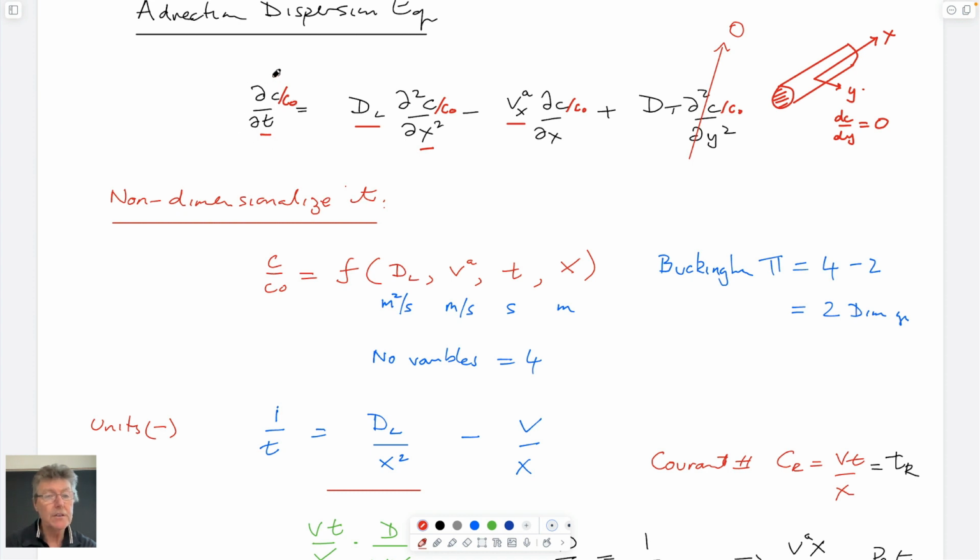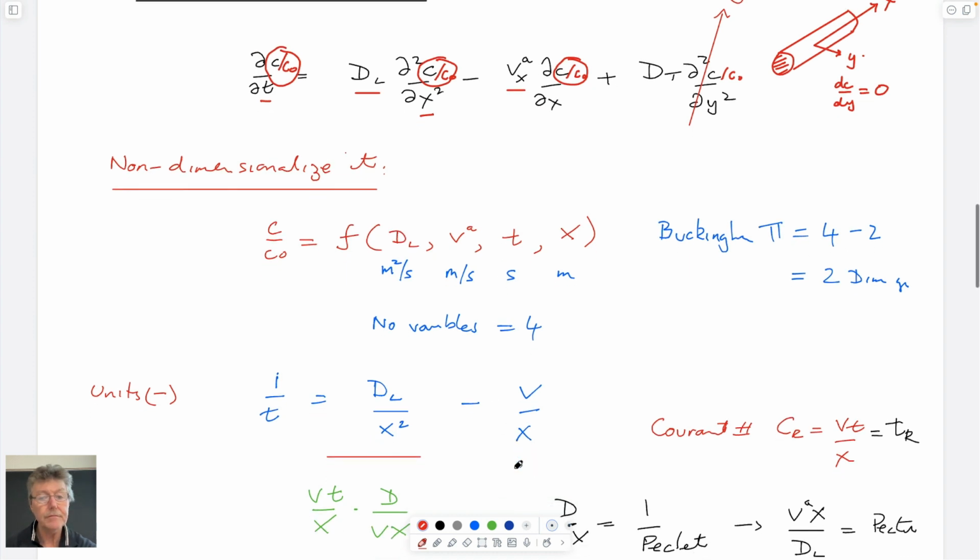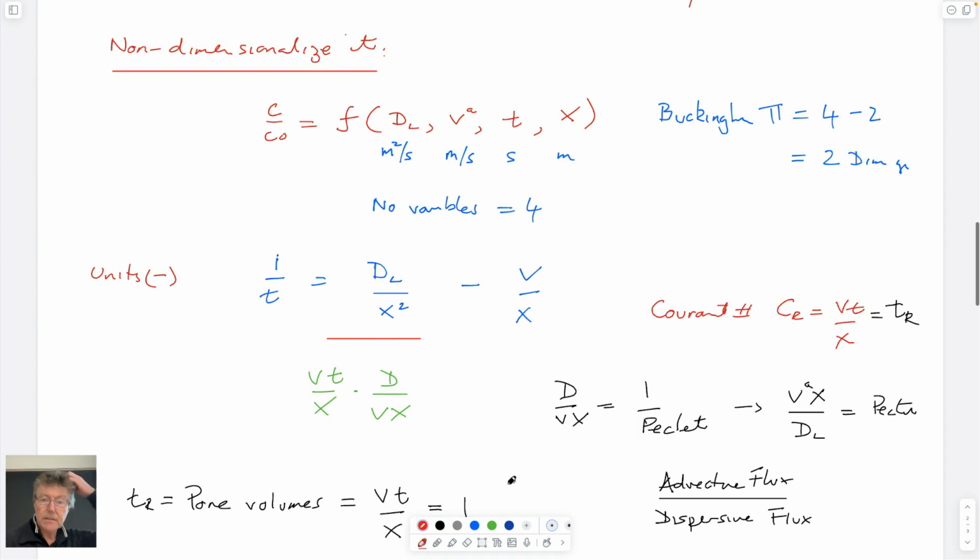So we could take this equation and realize what parts of it are written in terms of non-dimensional components that we don't have to worry about, which would be those. And if we write this in terms of the remaining variables, this is 1 over time. This is dl over x squared, which is here. And this is velocity divided by x. So that's the way that we start with this.